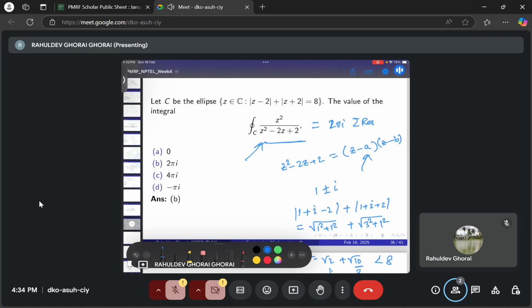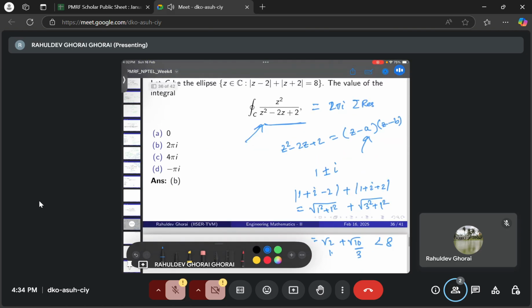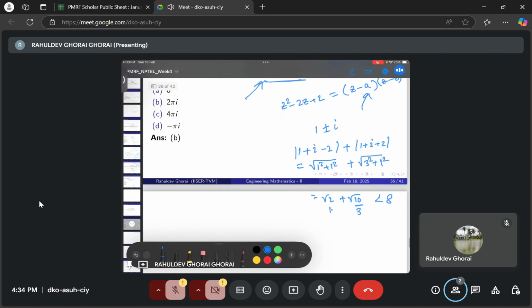Also you can do, I mean, if you have z square over z minus a times z minus b, this is an alternative.